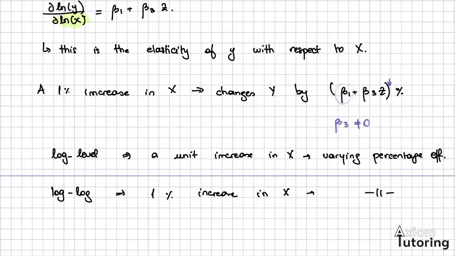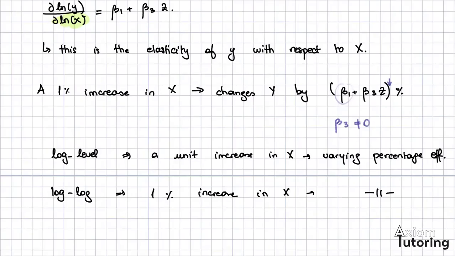Now, why is this comparison important? Because sometimes students do confuse log level and log-log interpretations in the interaction models. So keep in mind, while the formula here, the beta 1 plus beta 3z, appears in both the log level and the log-log with an interaction, what it measures is actually different, as you saw with the actual interpretation.